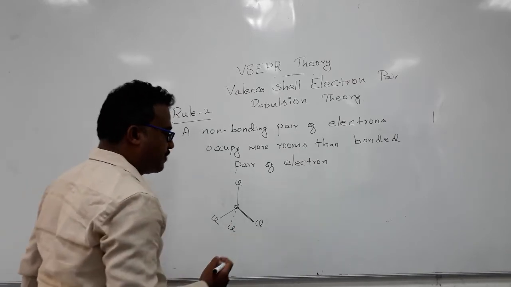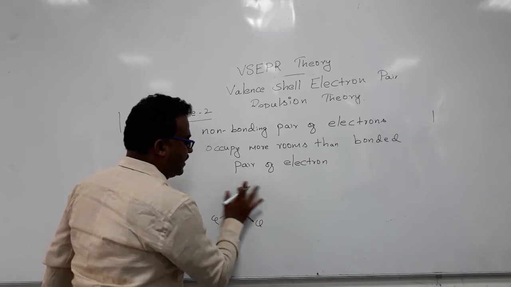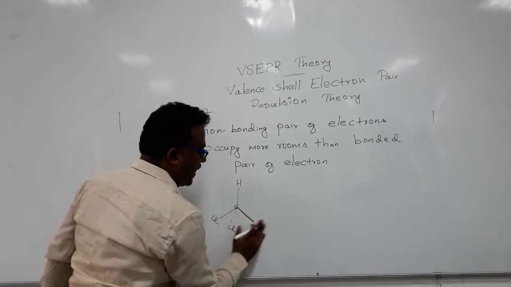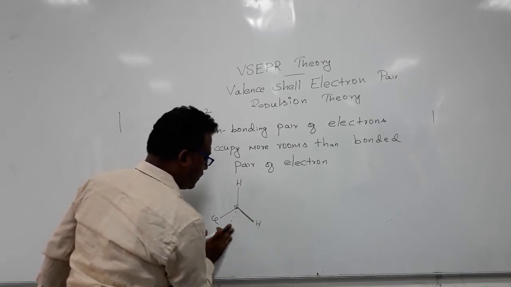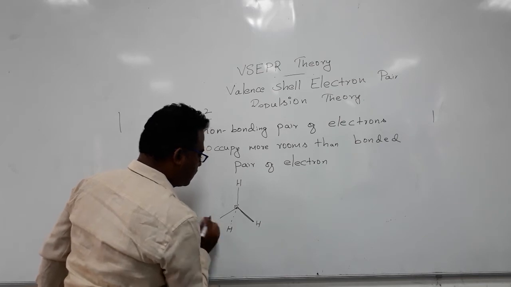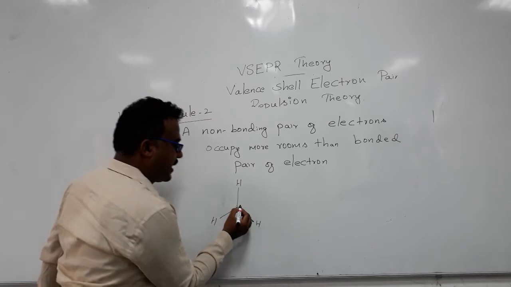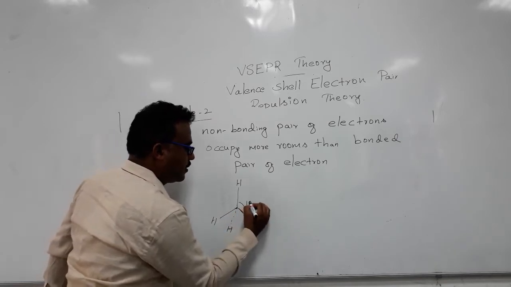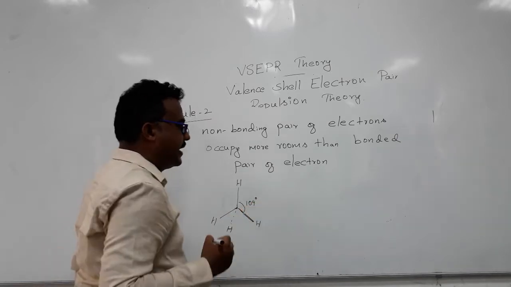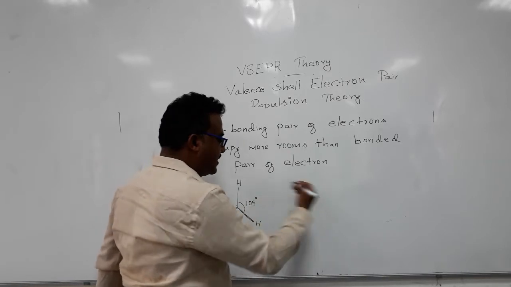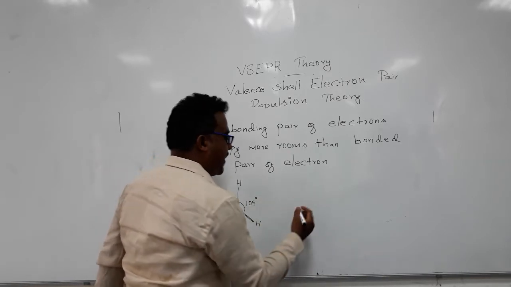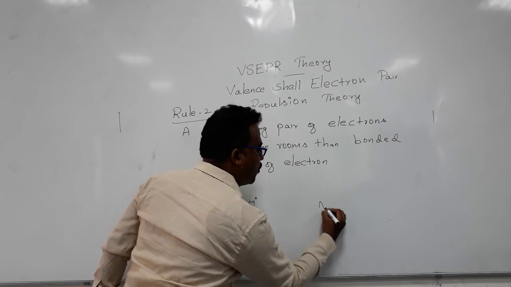Or for the simplest molecule, we can take methane. Methane will be most appropriate to make a comparison. Methane has a bond angle of around 109 degrees. Then when you compare with a similar system with a non-bonded pair of electrons, we can compare with ammonia.